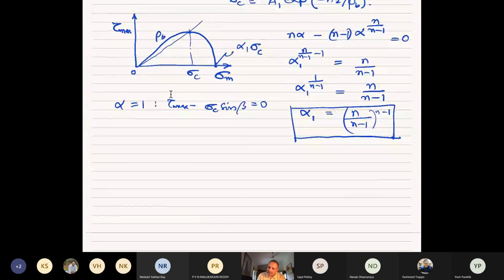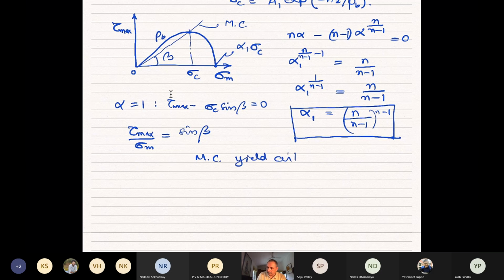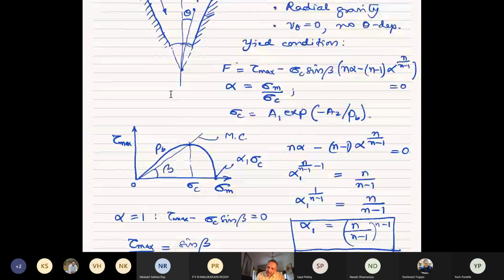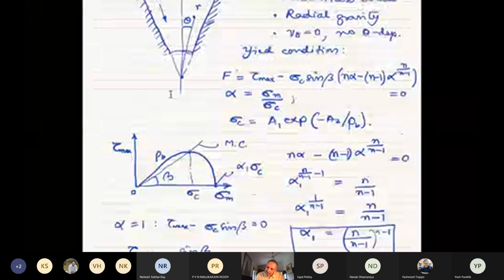And we know sigma c is equal to sigma m, so this gives us tau max divided by sigma m is equal to sine of beta. So this angle is beta, and so this is just the Mohr Coulomb line. So this is what I was saying, that it always reduces to that. So this is the yield function for this.